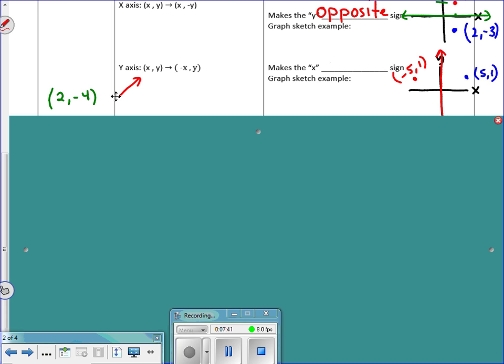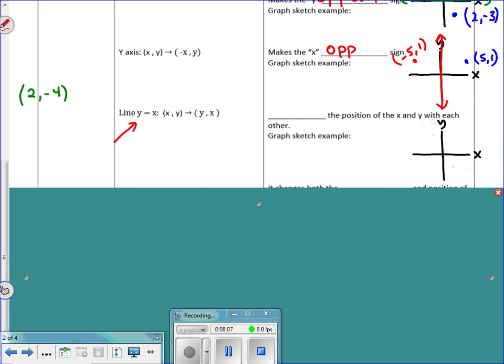You put a little thought into it, you put it on pause. And so basically the idea here is when you're taking a point, let's say it's x, y, and reflecting it across the y-axis, you simply change the sign on the x value. So this rule is it makes the x become opposite sign than what's given.